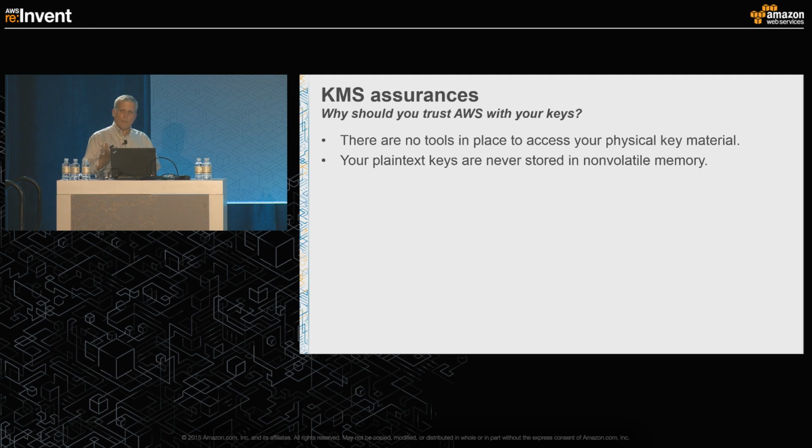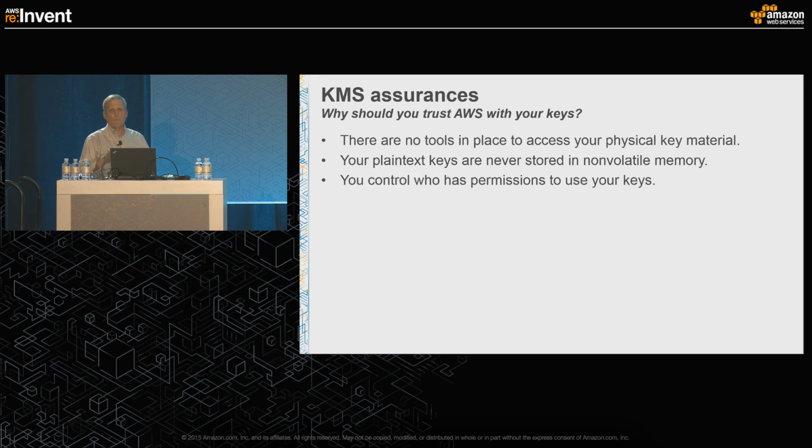Your plaintext keys have to get used to do encrypt and decrypt. They're only used inside memory. They're never written outside of memory in plaintext. You have complete control over who can use the key because it's tied into the IAM system and the AWS authentication system. So that's how it's plumbed through.